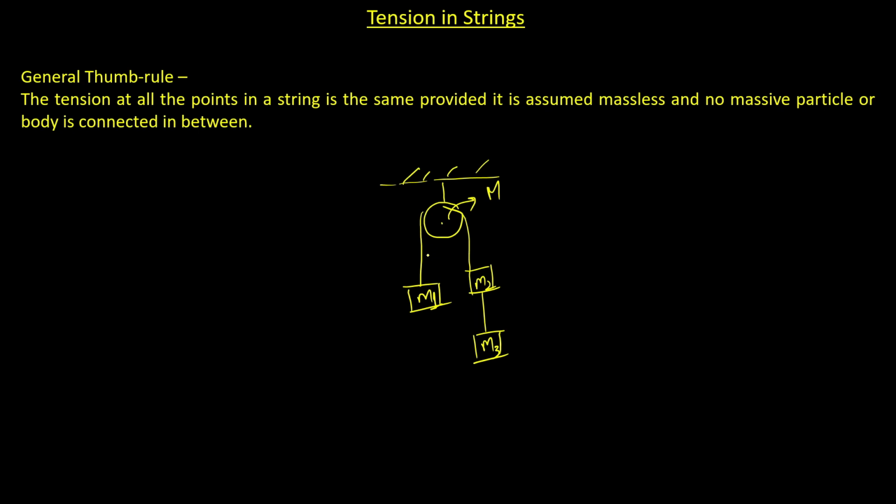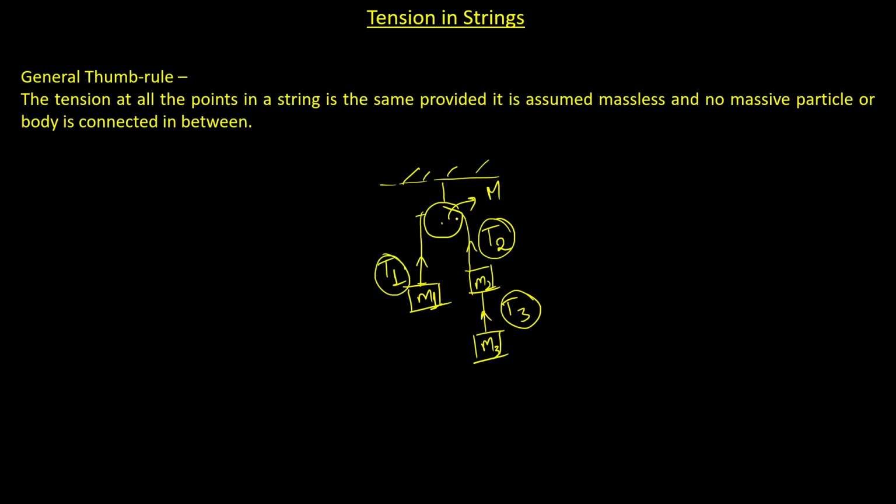So in this situation, here there will be a tension, say T1, because this is a massless string, so it will be the same from over here to here, but now this pulley is having mass, so here there will be tension T2, and now here the masses small m2 and small m3, like massive bodies, are connected in between, so here there will be tension, say T3.